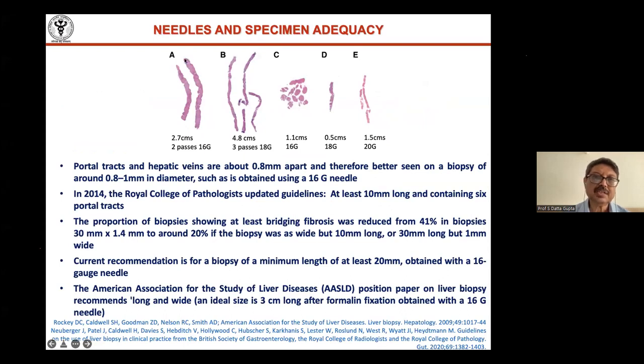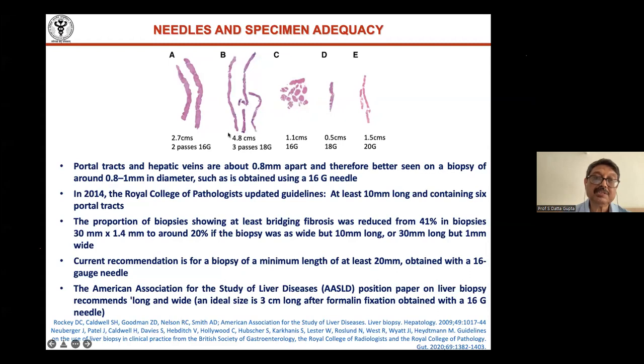It's now known that if you have a 2 centimeter length of tissue, that's adequate for staging and grading, especially in chronic hepatitis, because changes are patchy. You can undergrade or understage these, and it will not relate very well to your clinical findings. And therefore, if you use a 16 or 18 gauge needle, it is always preferable.